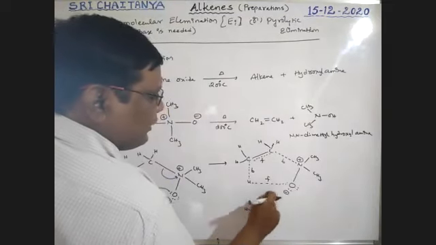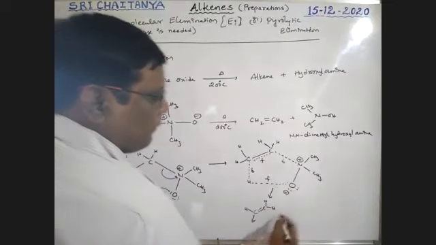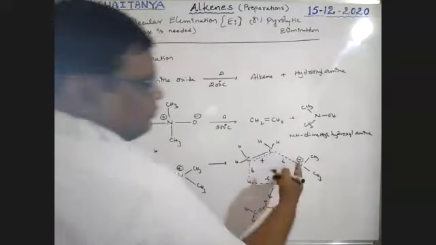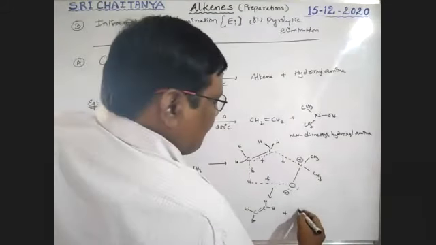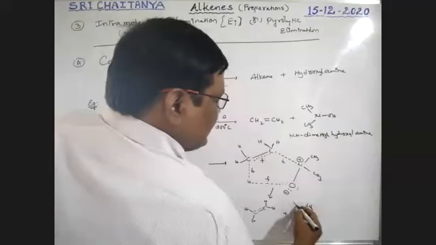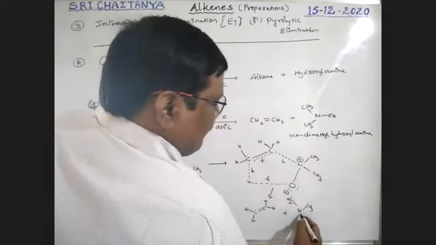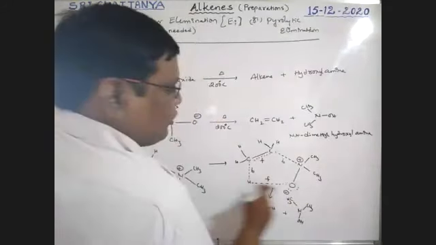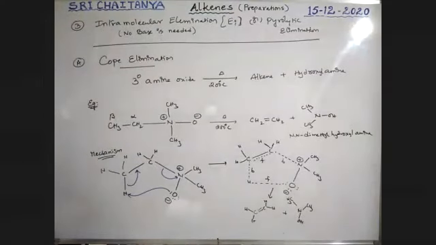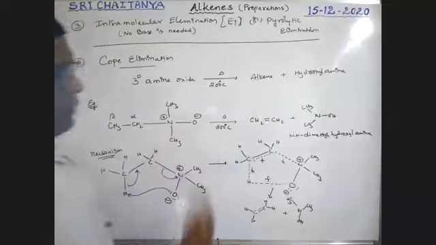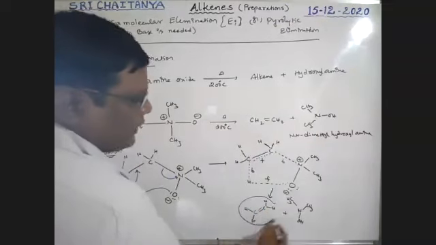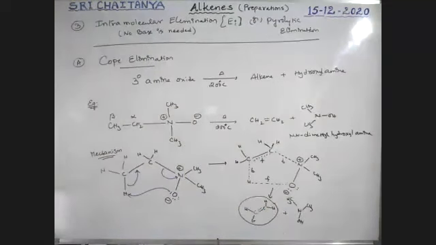This is our alkene, plus N, CH3, CH3 with OH. This hydrogen is attached to this oxygen. These are the products, boys. This type of reaction is called Cope elimination. It is not Cope rearrangement.